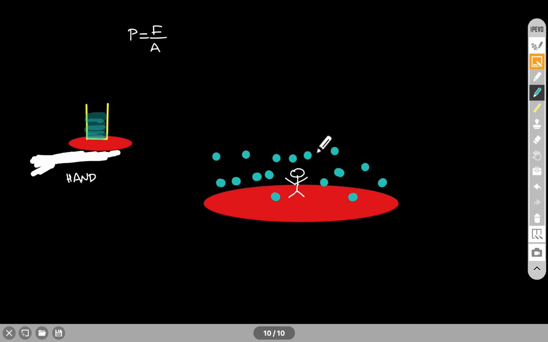Because there is a little bit of air now around the person, these air molecules will exert a force on the person, and that will be a force pointing down. The air will be exerting a contact force on the person that points down. The air is pushing on the person downwards. Of course, the air is also pushing on the ground downwards.